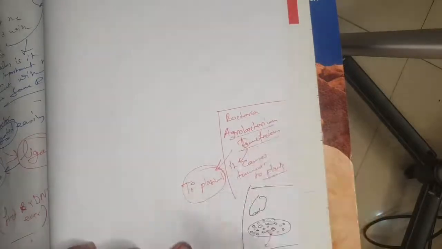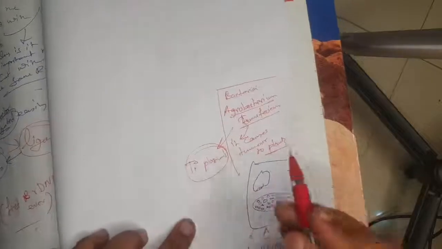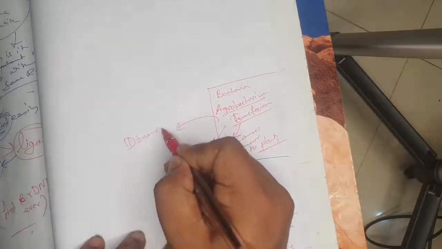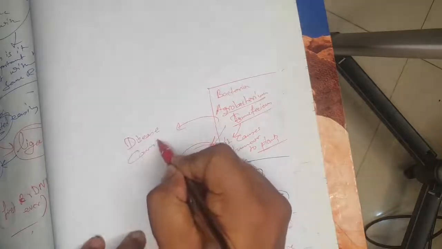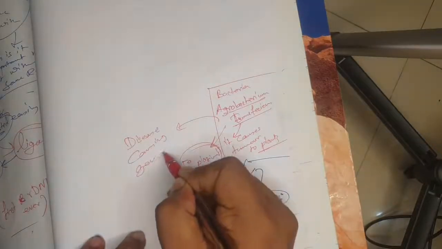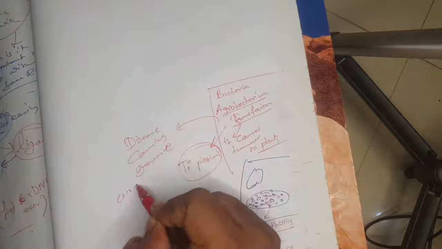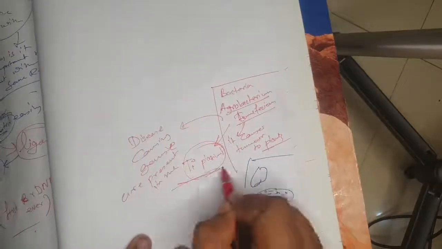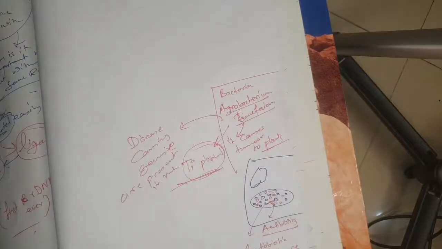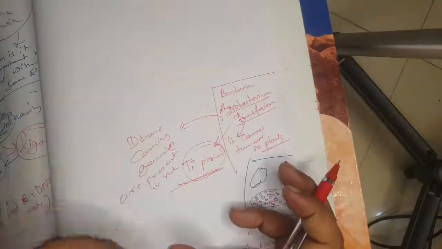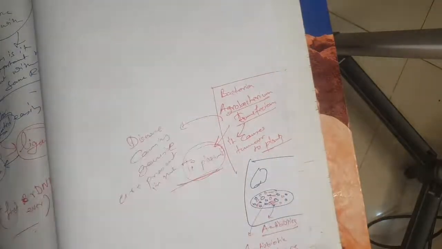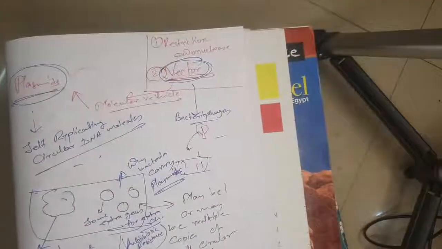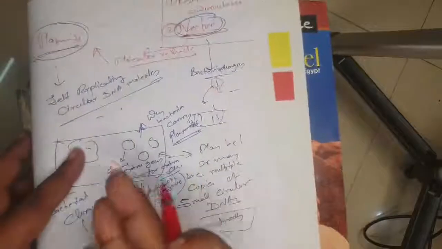Agrobacterium tumefaciens causes tumors in plants, and those disease-causing genes are present in the Ti plasmid. Okay, remember this. So here we can see some extra characteristics like pathogenicity.